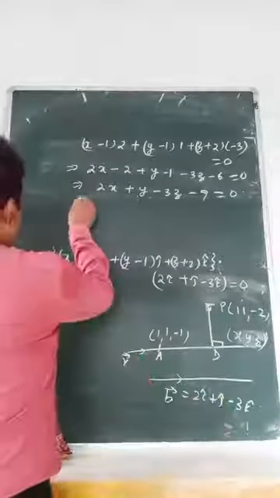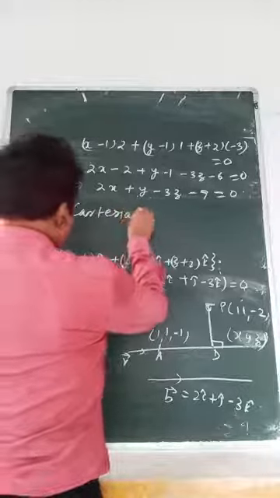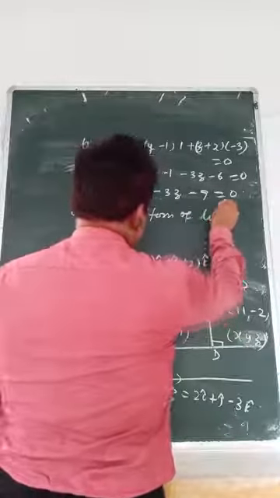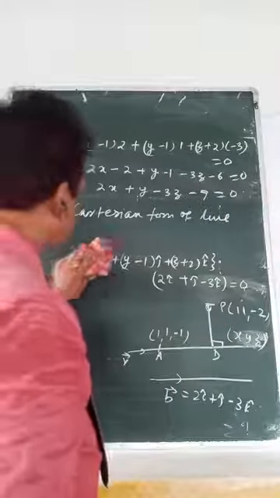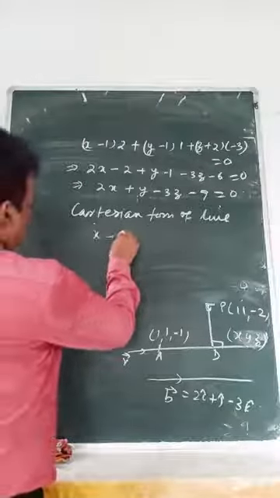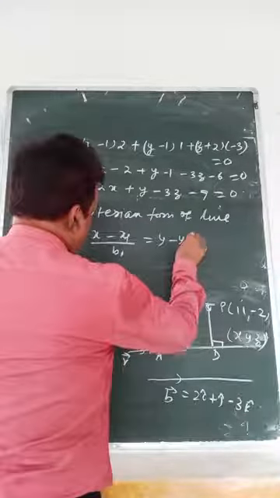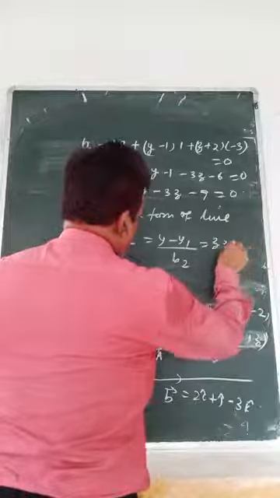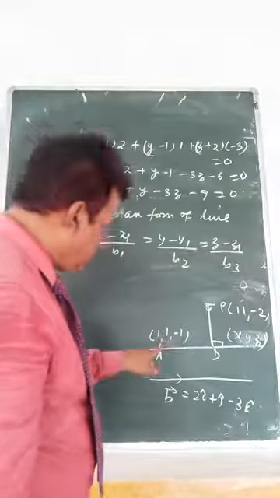What will be the Cartesian form of a line? Do you remember the formula? (x minus x1) by b1, (y minus y1) by b2, (z minus z1) by b3. This is the Cartesian form. Okay, these are the points. Look here.